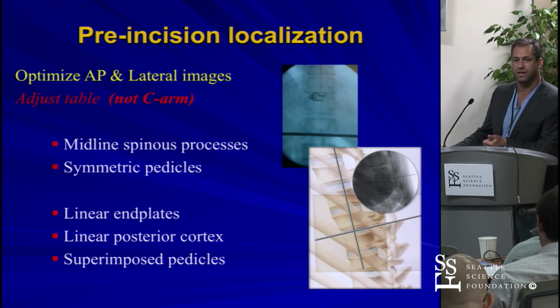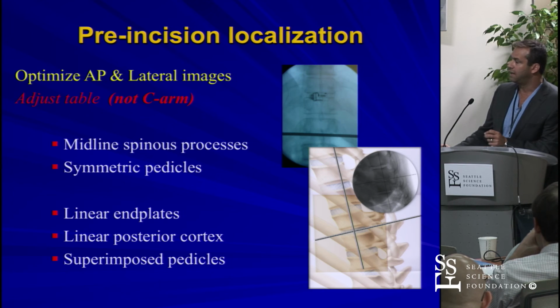Number one is getting the wrong level. Number two is having the patient be off, having the patient be rotated. You can end up working straight down, but ending up in the cord or in a major vessel. So very, very important. Make sure that your spinous process is right there in between your pedicles. The pedicles are symmetric. The pedicles are abutting the lateral edge of your vertebral body.